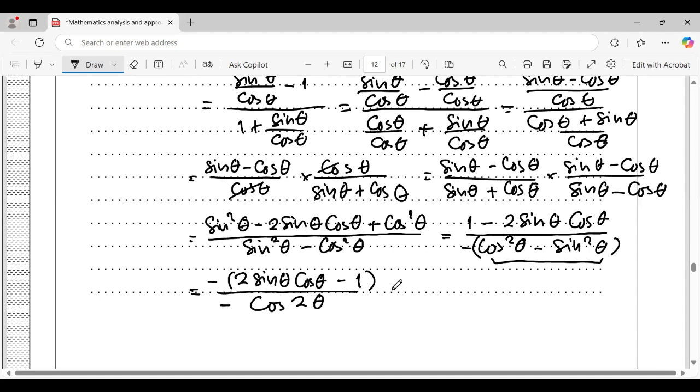Minus divided by minus is positive, and 2 sine theta cosine theta is sine 2 theta. So tangent theta minus pi quarter equals sine 2 theta minus 1 over cosine 2 theta.